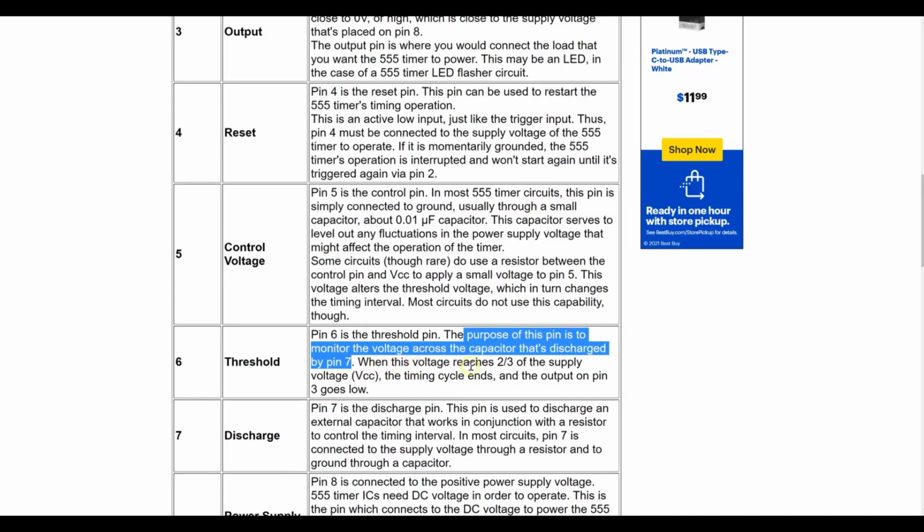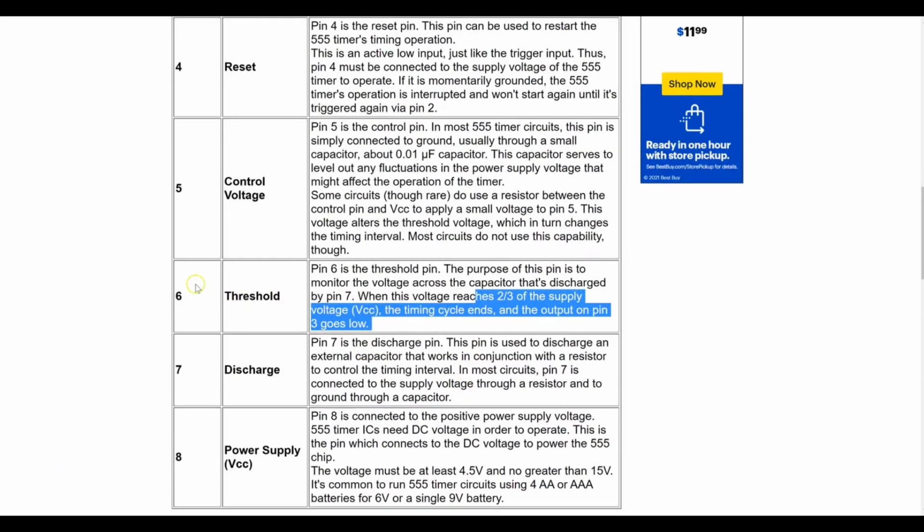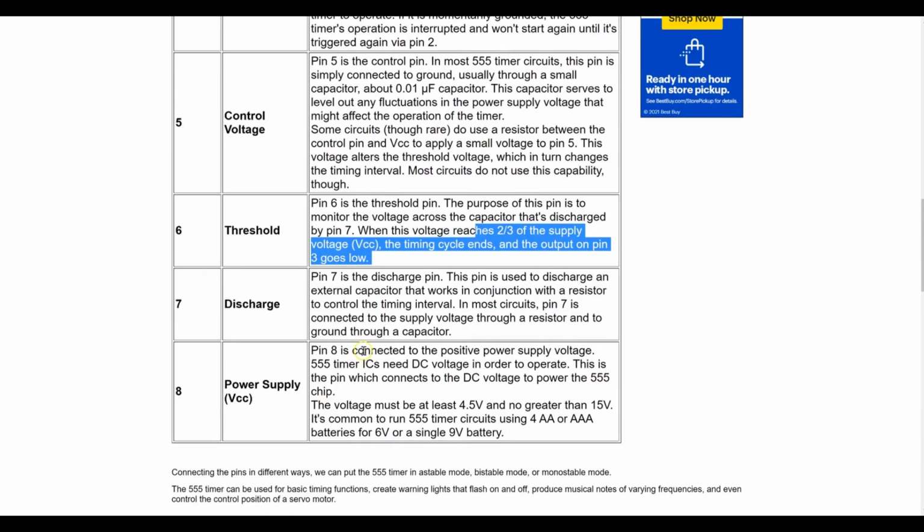When this voltage reaches 2/3 of the supply voltage, the timing cycle ends and the output on pin 3 goes low. Pins 6 and 7, threshold and discharge, essentially help us set a certain timing interval, and I'm going to explain that a little more in the next few minutes.